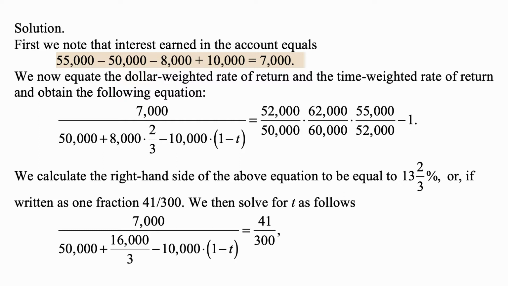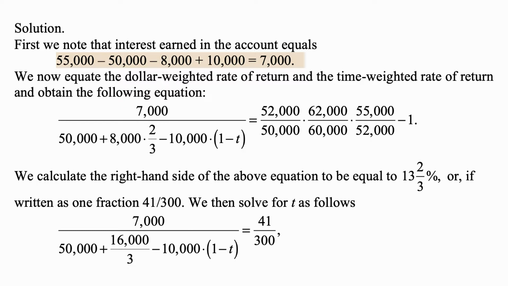So 50,000 went to 52,000, and 1 plus the rate of return in this case is 52,000 over 50,000, times the next period, 60,000 went to 62,000, so the ratio is 1 plus the rate of return for that period, times the next period, 52,000 went to 55,000, so 1 plus the rate of return is 55,000 over 52,000. You multiply those out, you get 1 plus the rate of return for the whole year. You subtract 1, you get the time-weighted rate of return for that year.